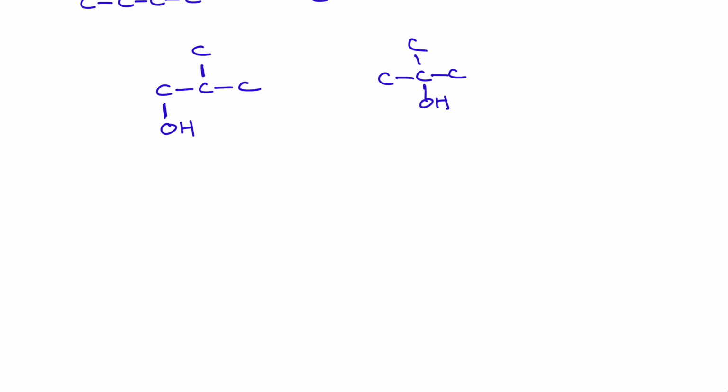Now, let us write the ether structures. Oxygen. Totally, there are 4 carbons. Let me take 2 ethyl groups like this. Instead of taking 2 ethyl groups, one is methyl, another one is propyl. Propyl groups are 2.